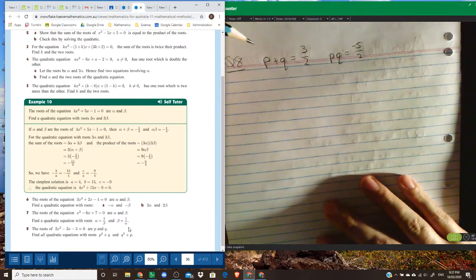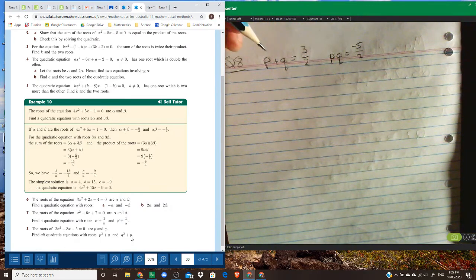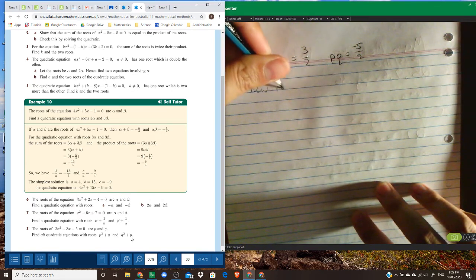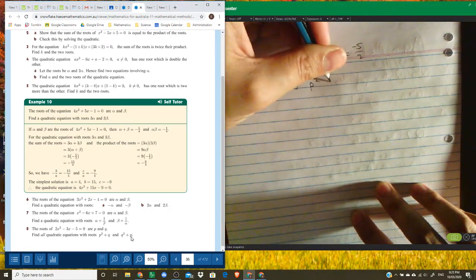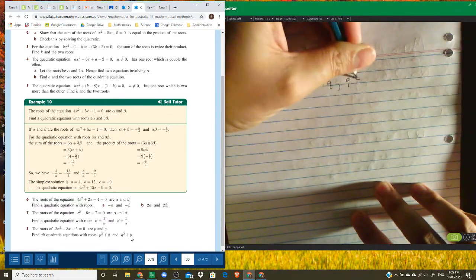All right. Now, once again, okay, find the quadratic equation with roots p squared plus q and q squared plus p. Let's see what happens when we add these. All right. Now, new roots: p squared plus q and q squared plus p.